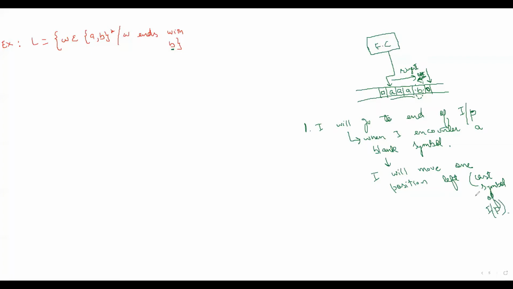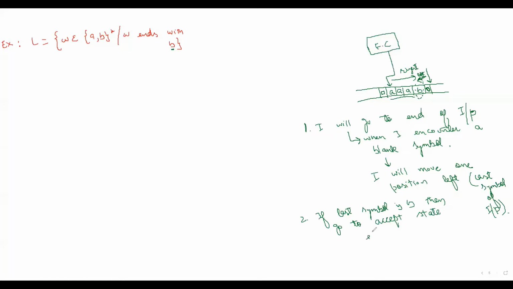After going to the last symbol of input, if the last symbol is B, then go to accept state.